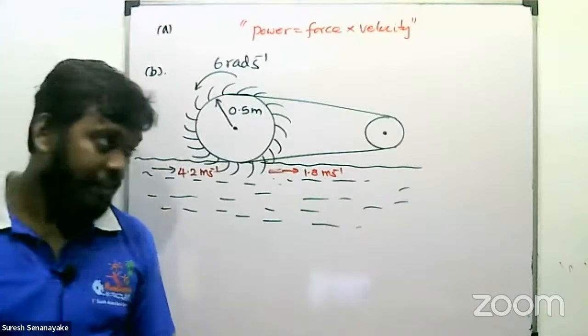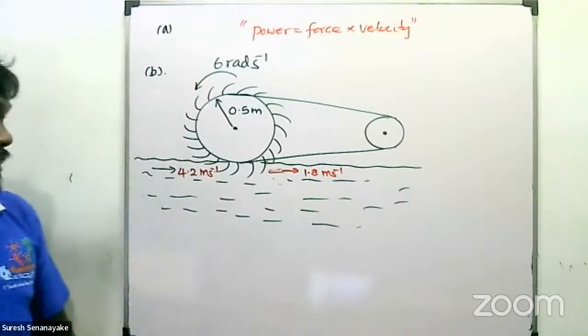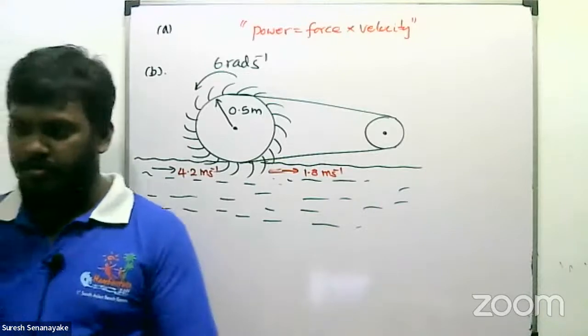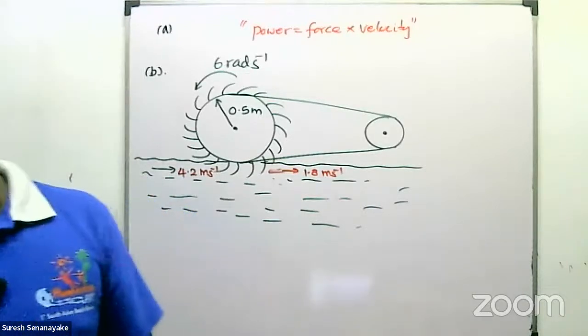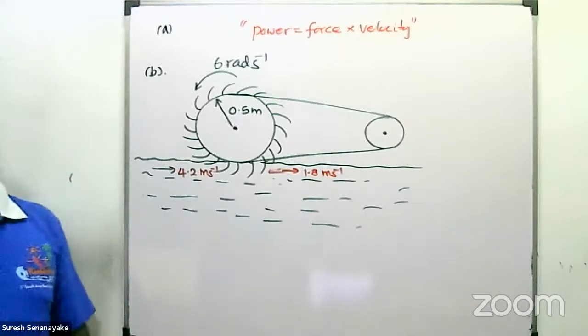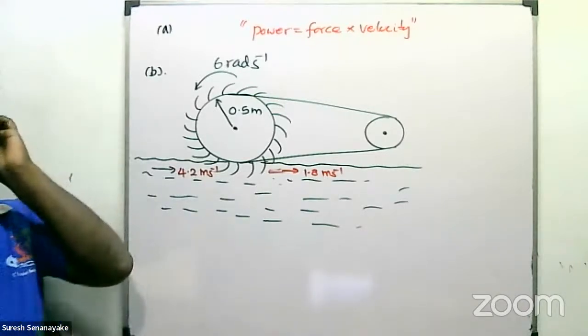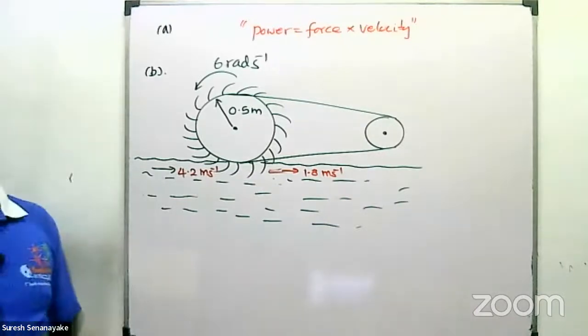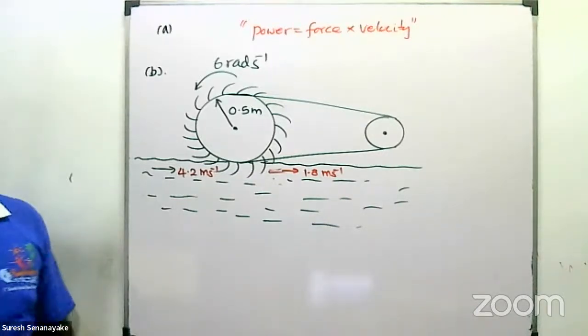Then the wheel rotates with a uniform angular velocity of 6 radians per second.